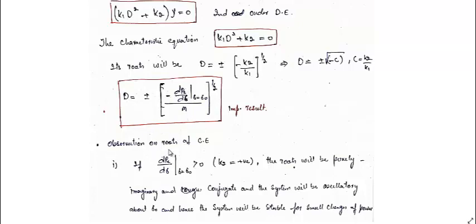The observations on the roots of the characteristic equation. The first thing is that m will always be positive and have some finite value, but del P by del delta may be positive or negative depending upon the value of delta.